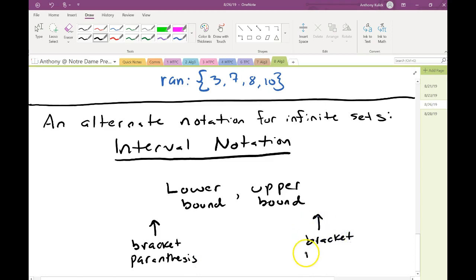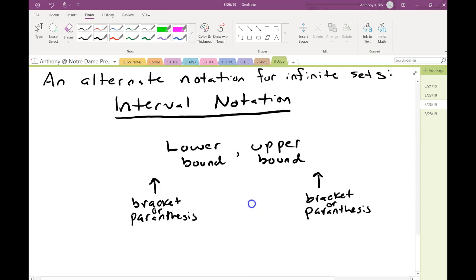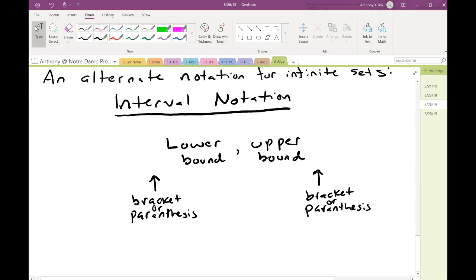And I'll talk about how we make that decision about which one we want to use. But they don't need to be the same. So one could start with a bracket but end with a parenthesis or vice versa. Or they could be both the same. Okay with that idea?